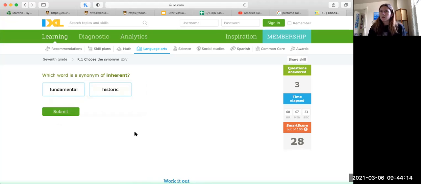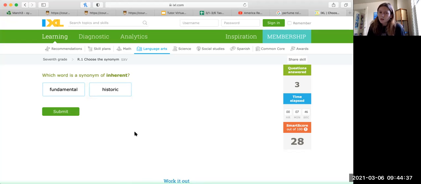She has some inherent flaws. That would mean some flaws within herself. Let's plug in these words. She has some fundamental flaws. Well, that definitely makes sense to me. That would mean virtually the same thing as inherent flaws.